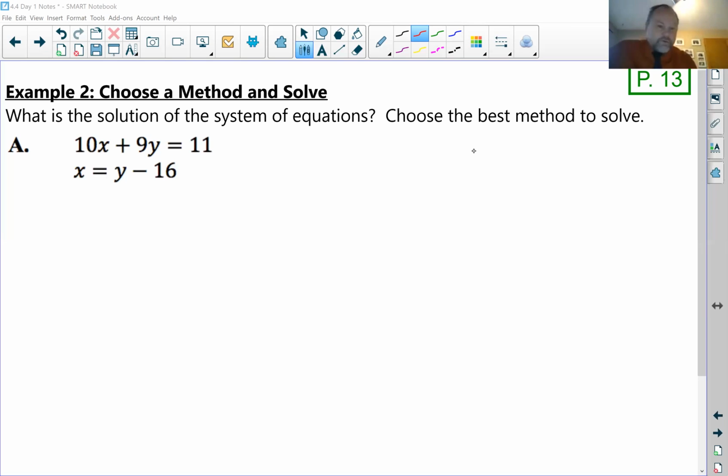So I agree, substitution is going to be a good choice because our second equation is in that x equals form. So I am going to substitute y minus 16 in for x.